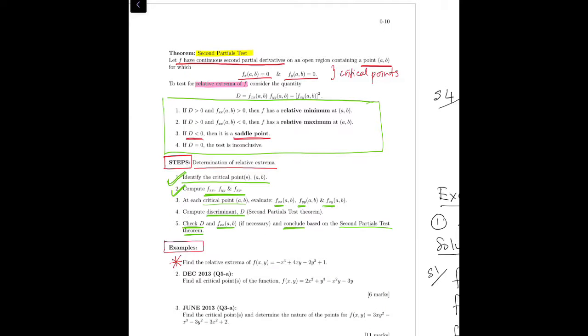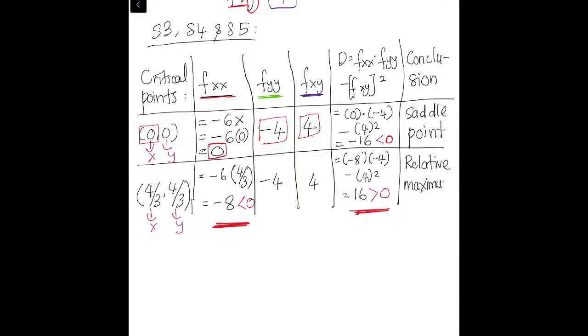Referring back, we have D greater than 0 in conclusions 1 and 2, but in the table, we have fxx less than 0. So we take the conclusion in number 2. So our critical point is a relative maximum. This is the final answer for example 1.